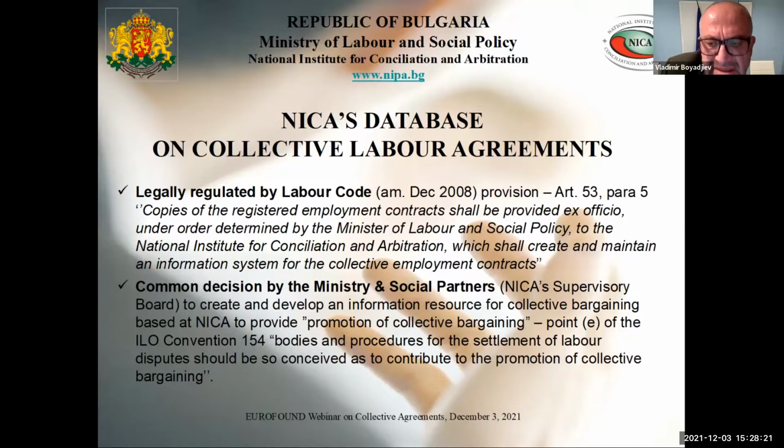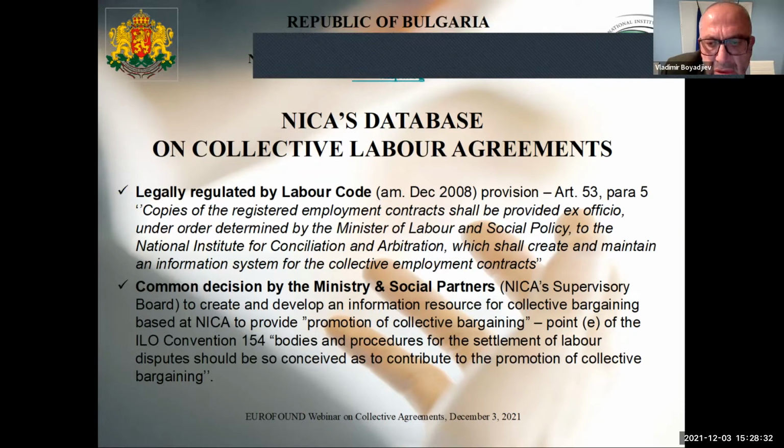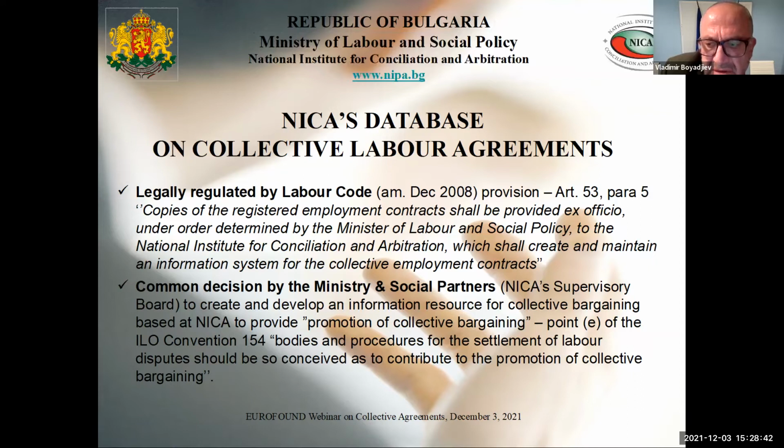That means we are a secondary register of collective bargaining agreements. And by common decision by the Ministry and the social partners, we develop an information system and resource to help the social partners on the matter of collective bargaining, according to the ILO convention, which is not ratified by Bulgaria. Please, next slide.